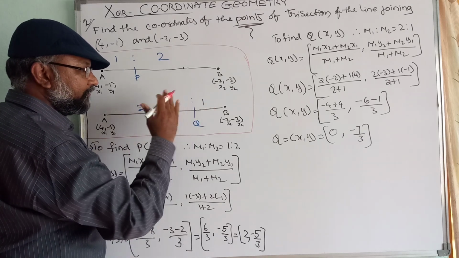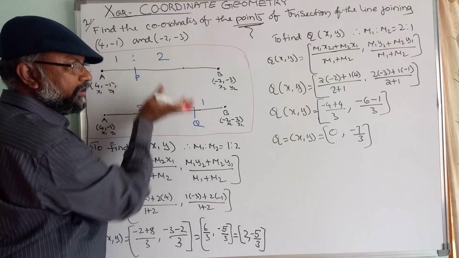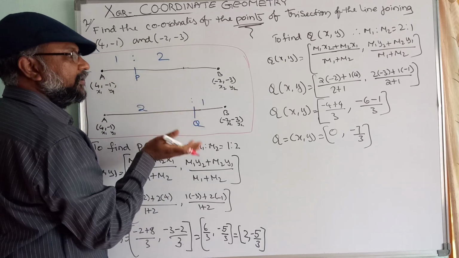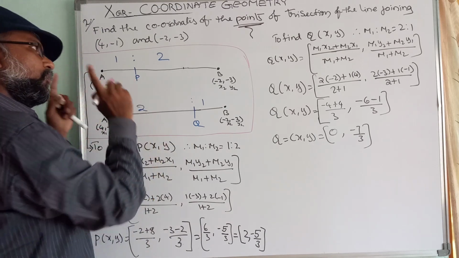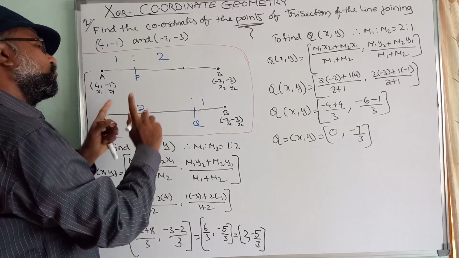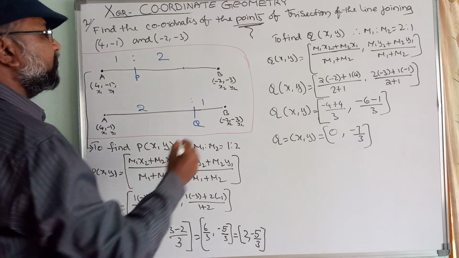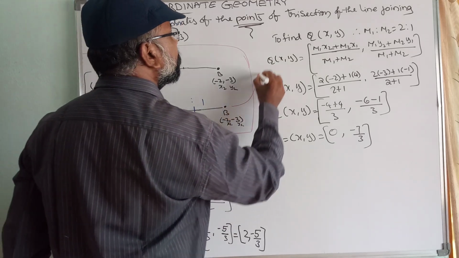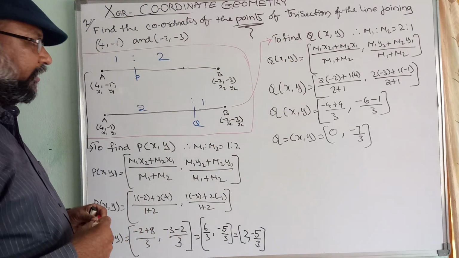Therefore, I can get 2 points for the same line, but I have shown it in 2 separate ways, so that we can understand better. So one time 1:2, second time 2:1, so that we will get 2 points. So this will be for another point.